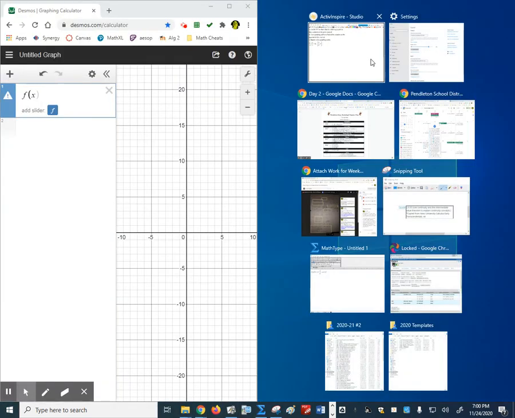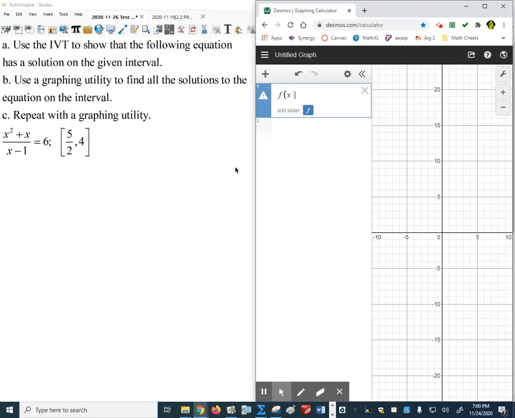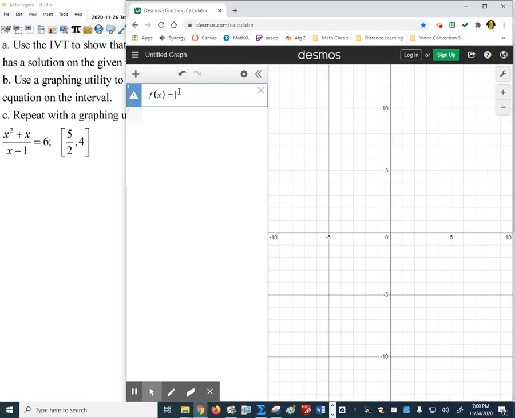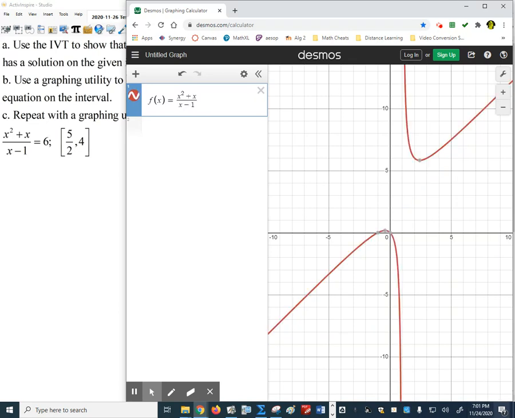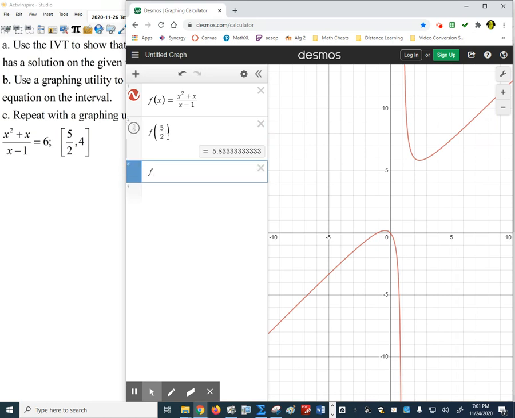So if we define the function f of x, we can show that f of 5/2 is equal to a decimal less than 6, and f of 4 is equal to a decimal greater than 6.